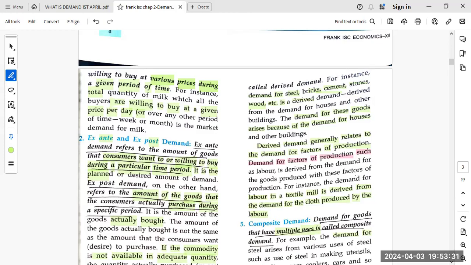So the demand for apartments will lead to an automatic increase in demand for the related goods. Apartments will not just come on their own, right? To construct a house, you will have to have all these things: steel, bricks, cement, wood, etc., and also the labor. So the demand for steel, bricks, wood, etc. is a derived demand of the actual demand for apartments.